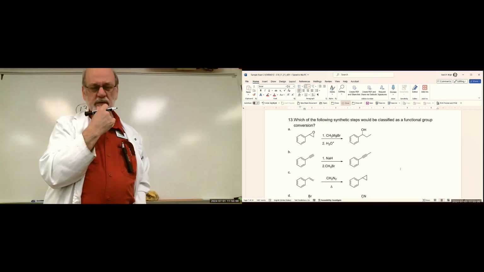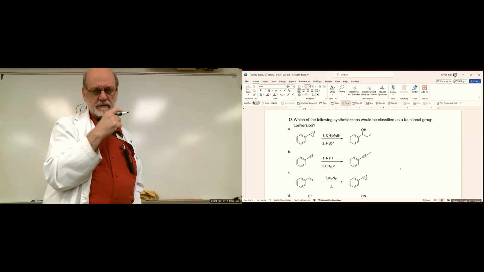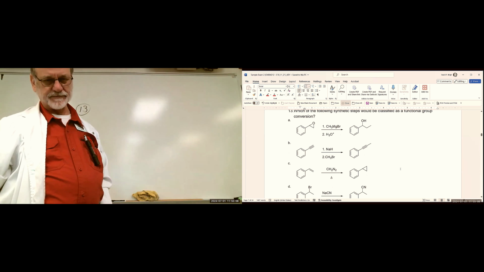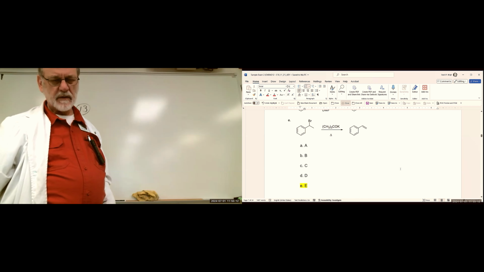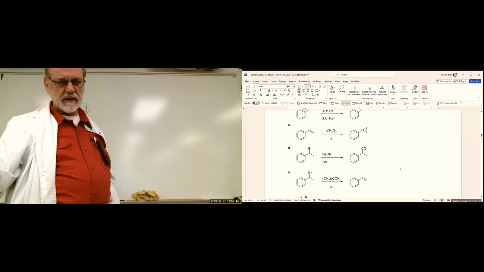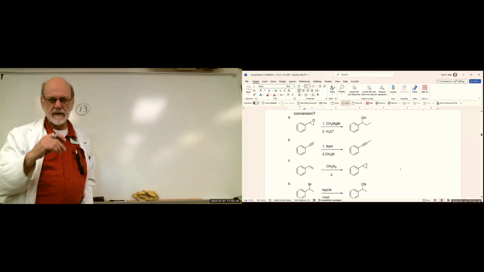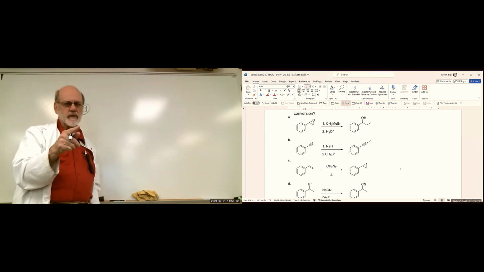All right, which of the following synthetic steps would be classified as a functional group conversion? Well, the first one is a ring opening.